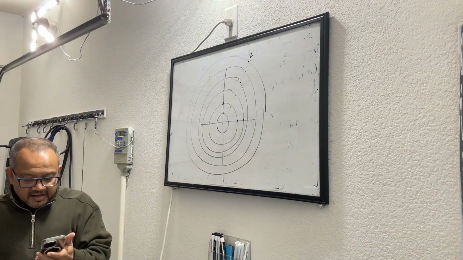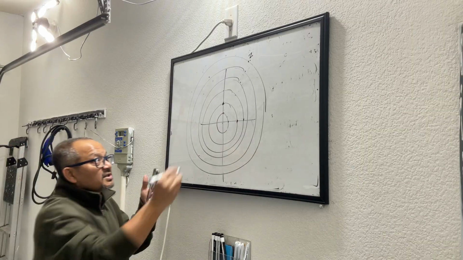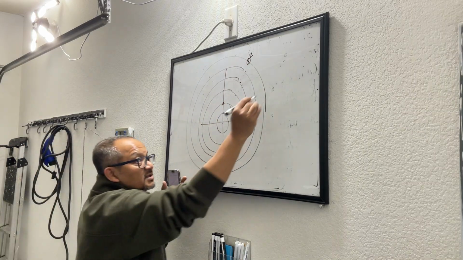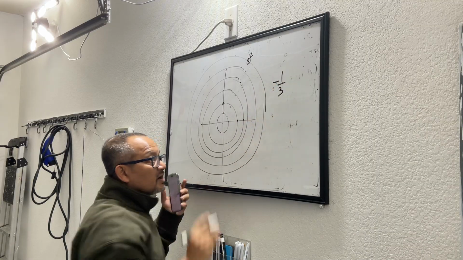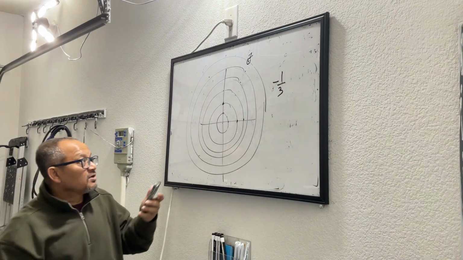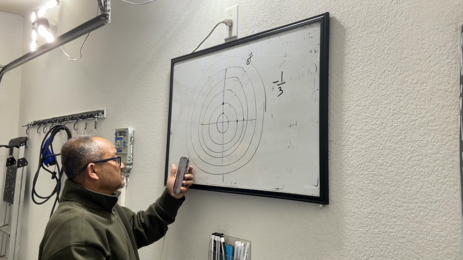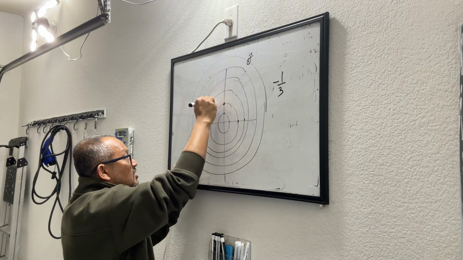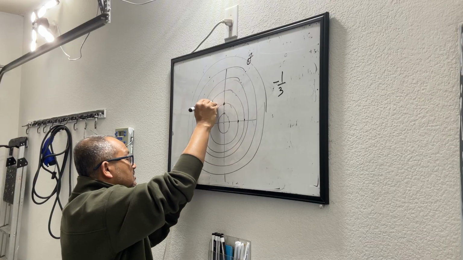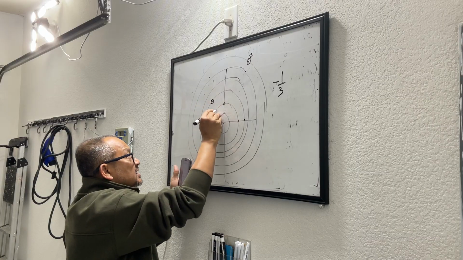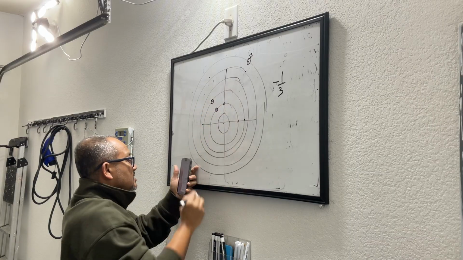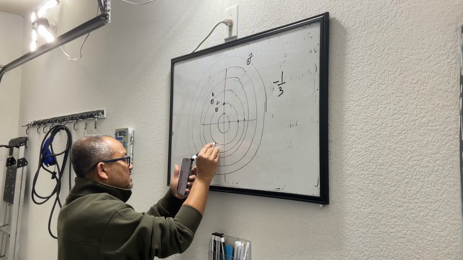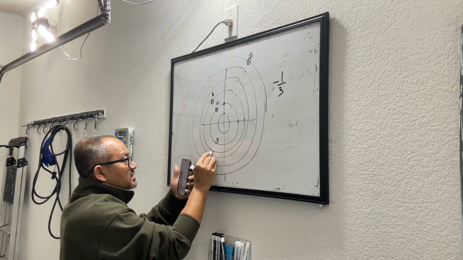You are multiplying that by minus 1 over 3, and you have 4 options. A is somewhere here on the third circle. This is A, this is C, this is D, and this is B.